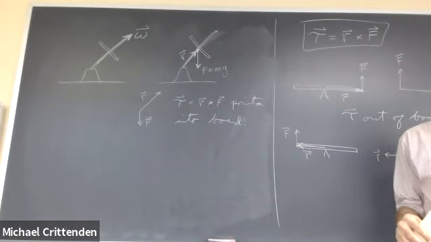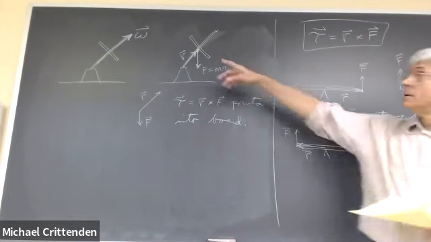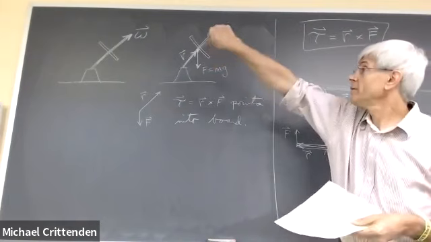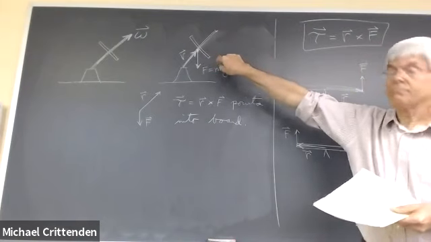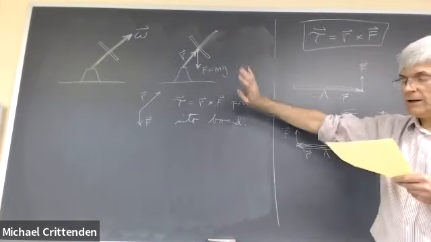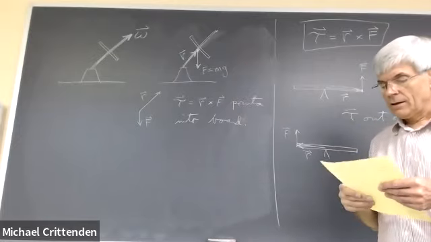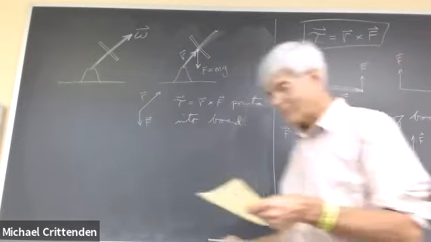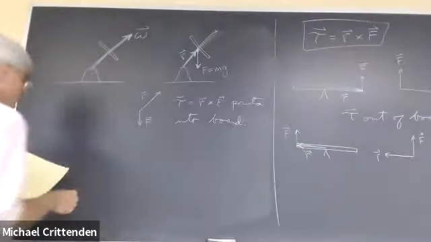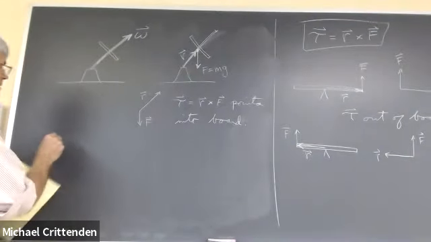So based on the right-hand rule, the torque vector points that way, perpendicular to the page that we're looking at. Now, consider torque equals I times alpha.